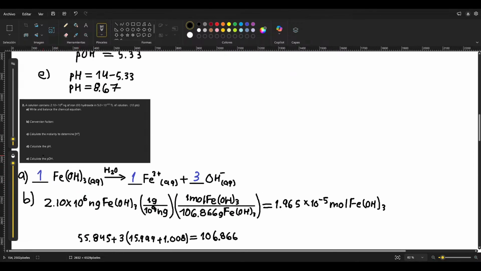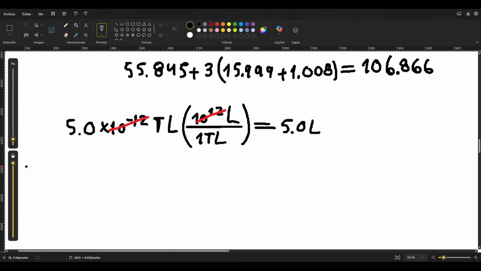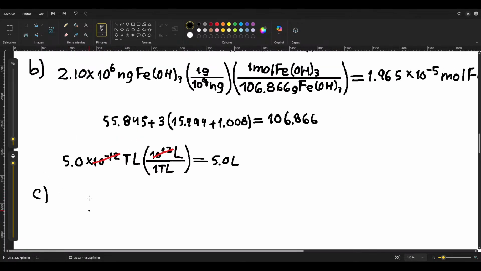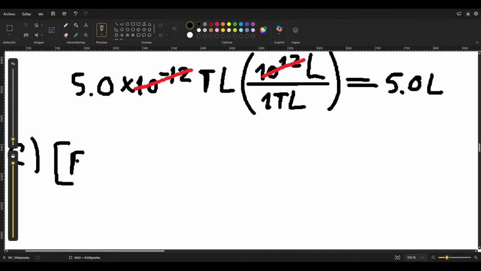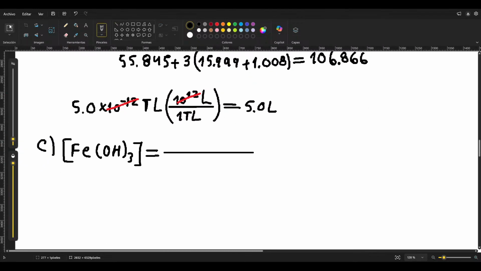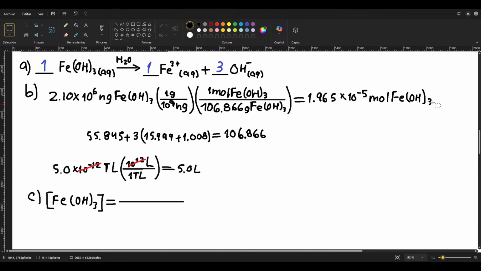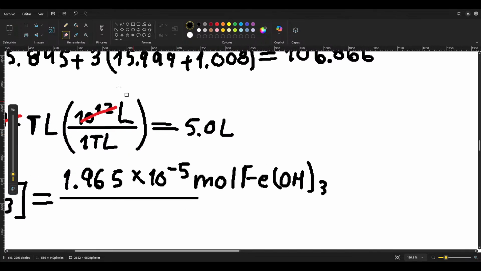So we did the conversion factors part, and now we're going to calculate the molarity. First, the concentration of iron 3 hydroxide is going to be this divided by the liters.